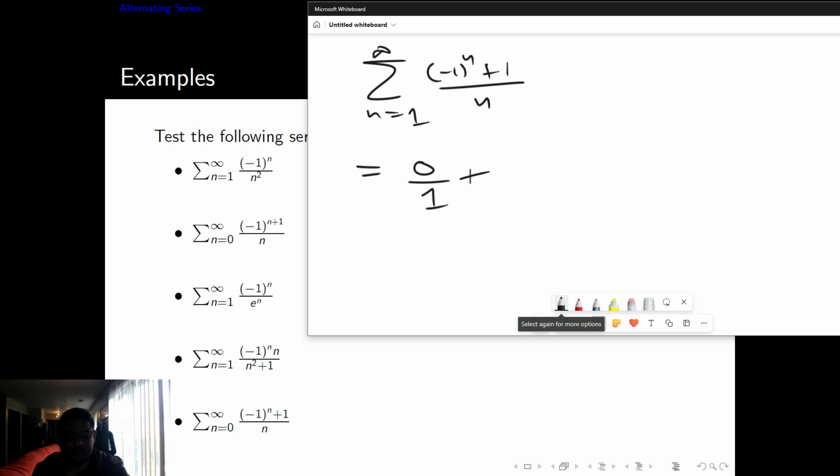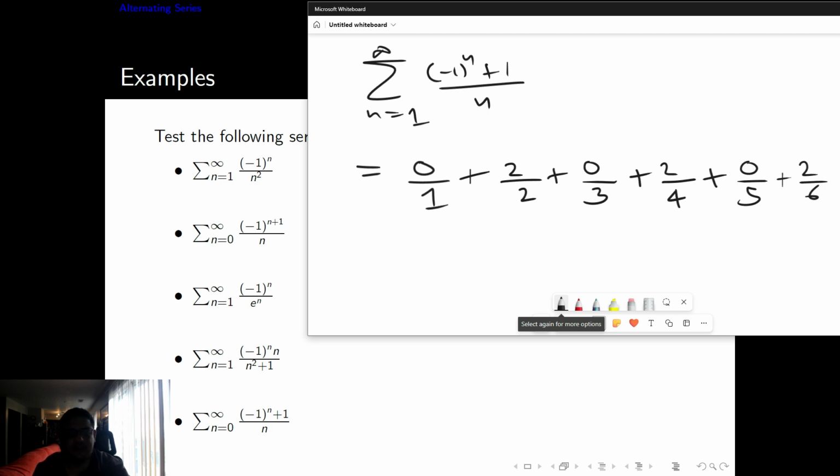Then in n equals 2, this is 2 over 2. Plus in n equals 3, this is going to be 0 over 3. Then in n equals 4, this is again 2 over 4. And in n equals 5, it becomes 0 over 5. N equals 6, then again 2 over 6.